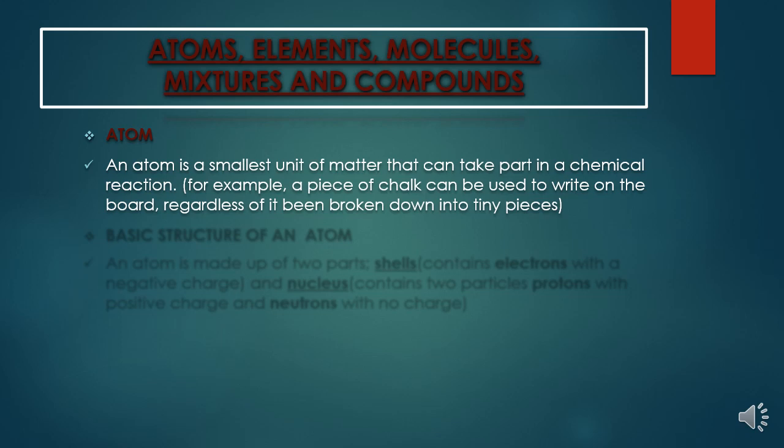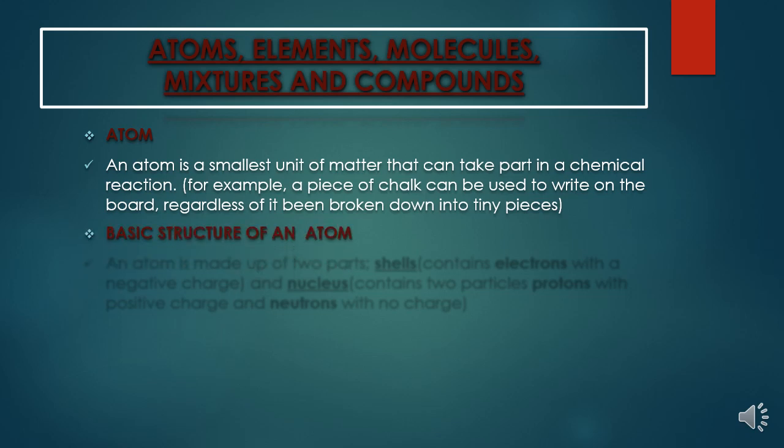On a blackboard. So if we get that piece of chalk and break it down into very tiny pieces, those tiny pieces can also be used to write on the board. So which means an atom, in illustration of the tiny pieces, can also take part in a chemical reaction as an element, same as how an element can take part in a reaction.